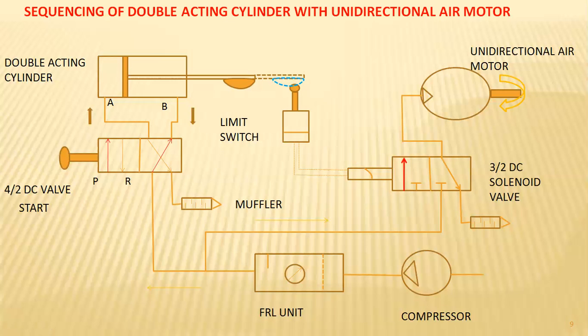So hence, after reaching the extension position, when the limit switch has been energized, then only the DCV first position will be entered, and rotation of this motor will take place.